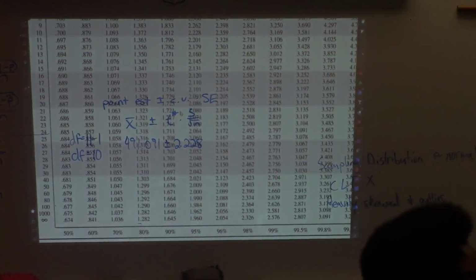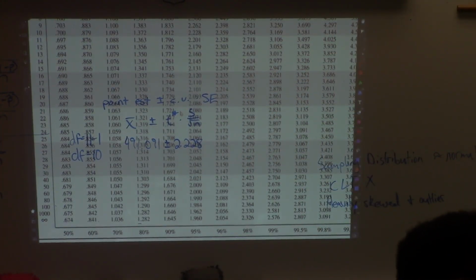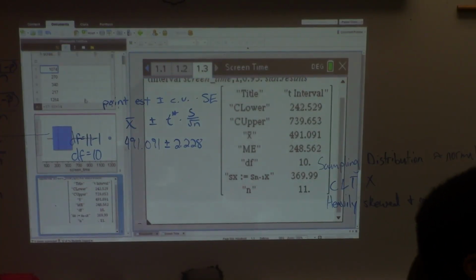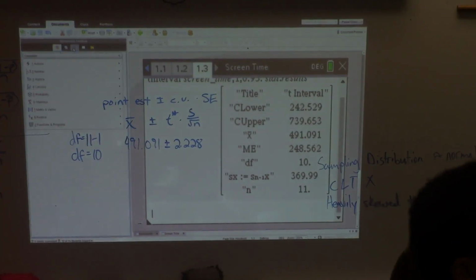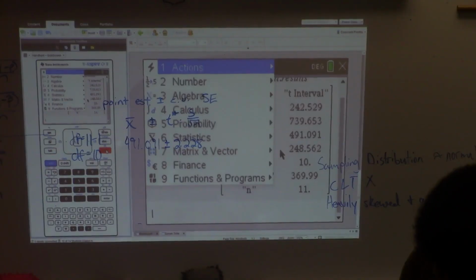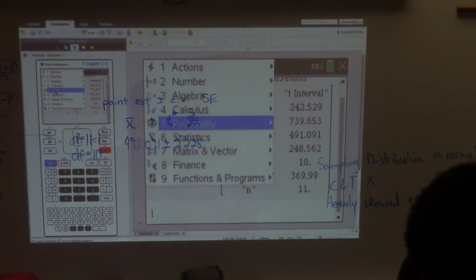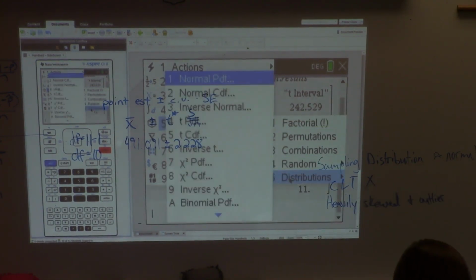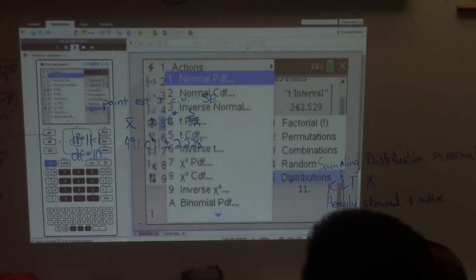Now, Charlie, you did say, hey, I don't know how to find it using the calculator. So remember, on the calculator, we run everything through menu. Where would I go from there? Statistics or probability works, because we need distributions, that's in both of those. What type of distribution do we need?